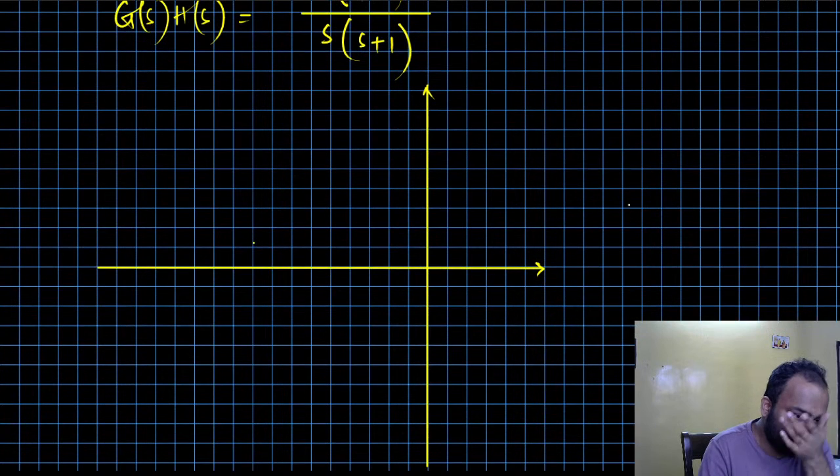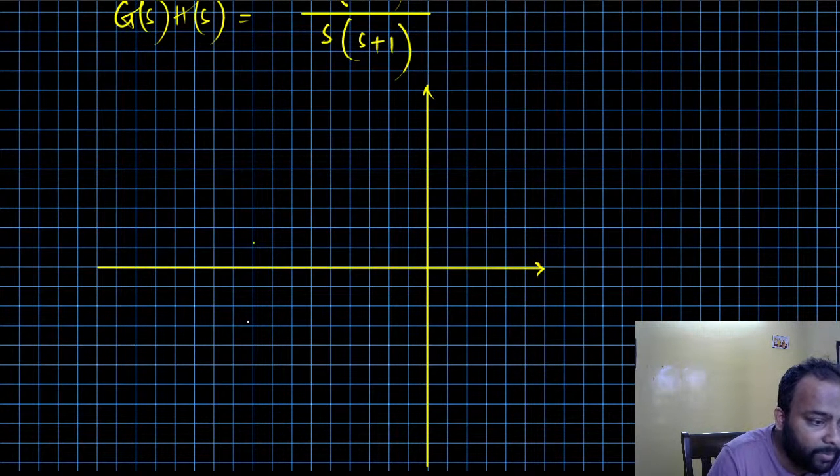So right at the very beginning, let's denote the open loop poles and open loop zeros. The open loop poles are at 0 and -1. So here is one open loop pole, here is another open loop pole, and there is an open loop zero here.